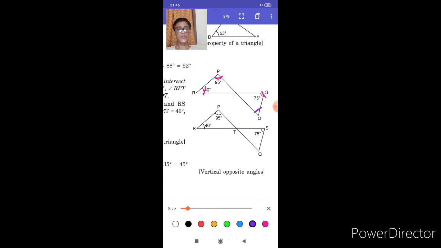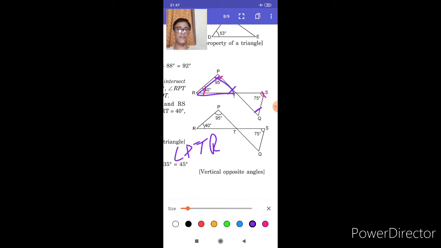Okay students, clearly if you see in triangle PRT, can we find angle T, this one, angle PTR? How? By the angle sum property in triangle PRT.